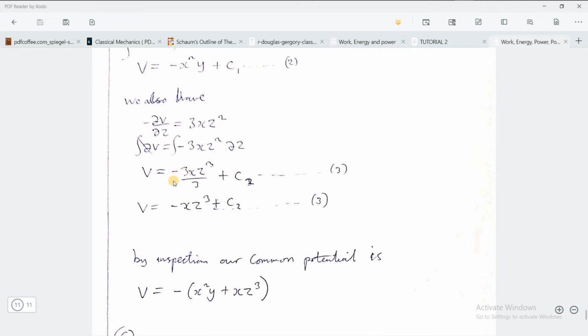So we get this v here. C is just a constant here, there's nothing special. C2 is a constant, even the other c's were constants.